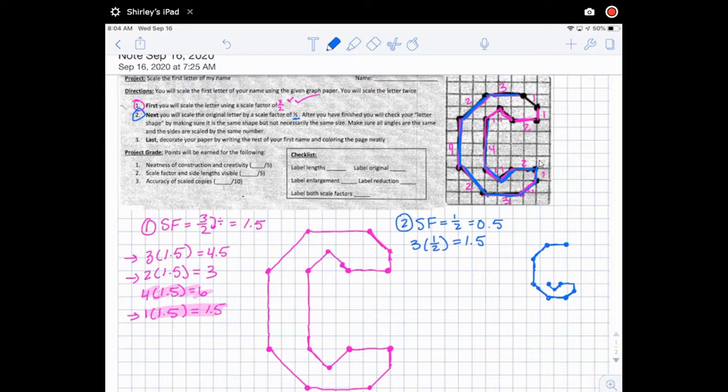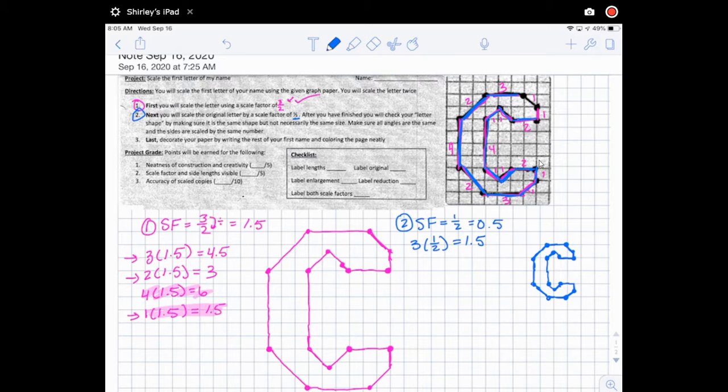So now I'm at my 4, so I'm going to go up 1, 2, and then 1. Just cutting my whole shape in 1/2. Pay attention to when I have those 1/2 lines. Okay. So there is my shape scaled by a scale factor of 1/2.